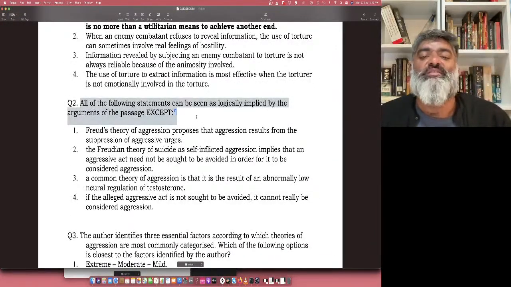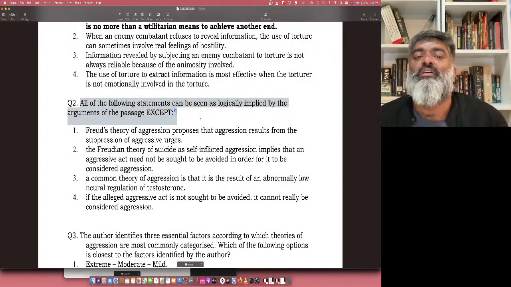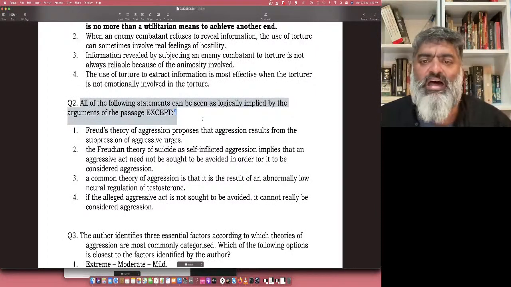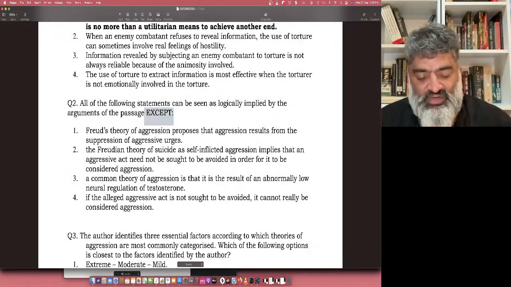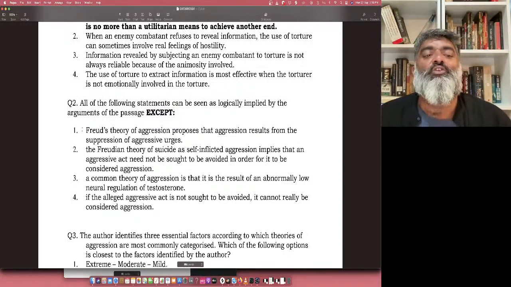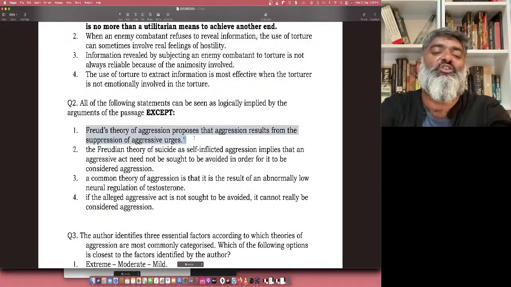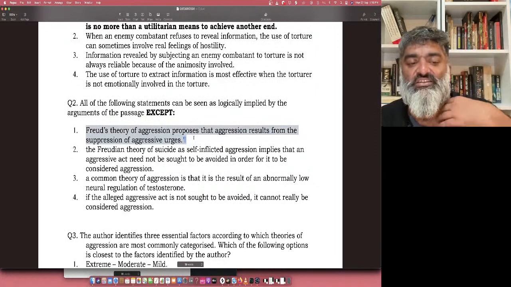All of the following statements can be seen as logically implied by the arguments of the passage except. So again, I have a map of the passage. Let me go through the options. Because this is an except question, I will need to go through everything because 3 will be logically implied, 1 will not be. Freud's theory of aggression proposes that aggression results from the suppression of aggressive urges.